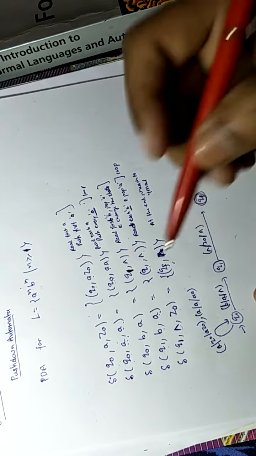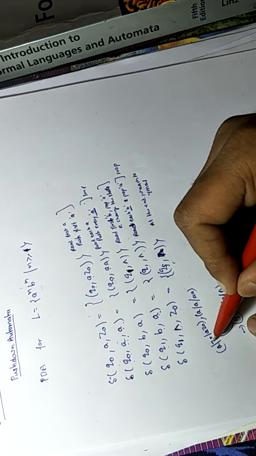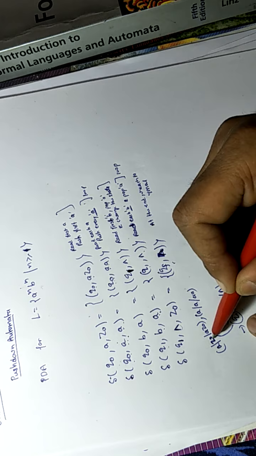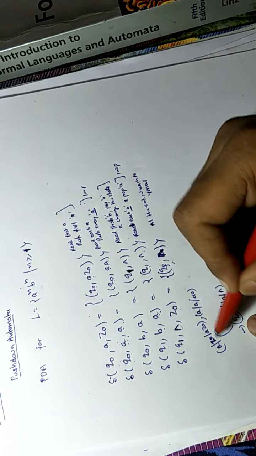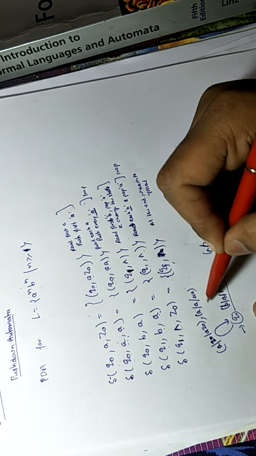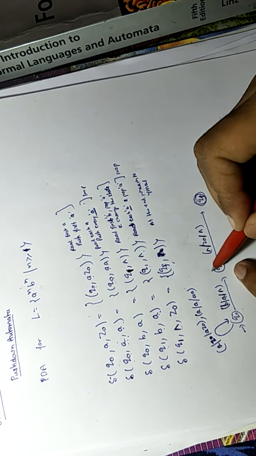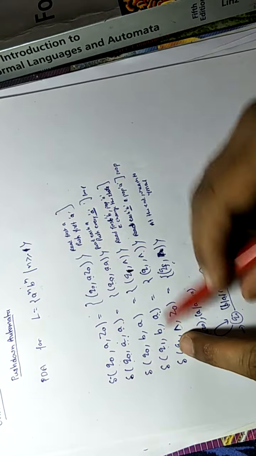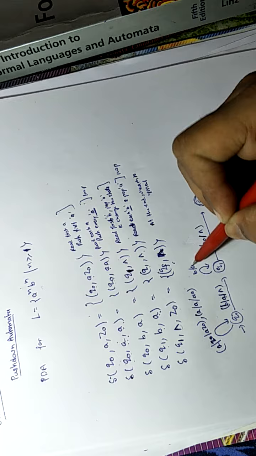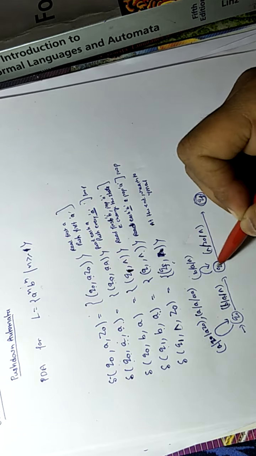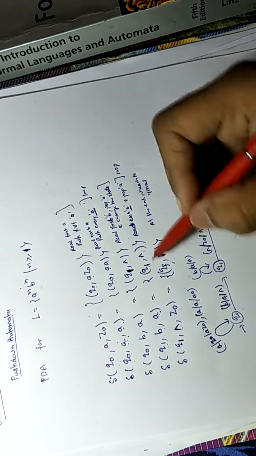So there are two loops, but one runs only one time, because z0 is at the top only at the first a. So this transition will run one time, and this transition will run for every a. Then we get 1 b and pop it. Then at q1, for b we get a, we pop it and reach q1 again. So this is a loop.